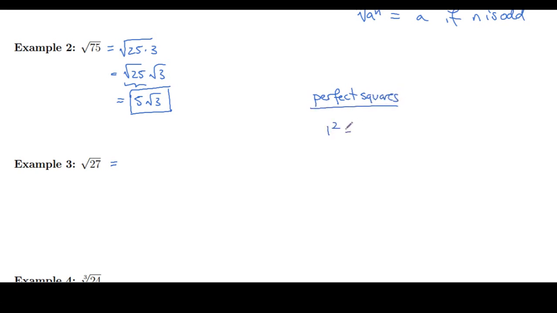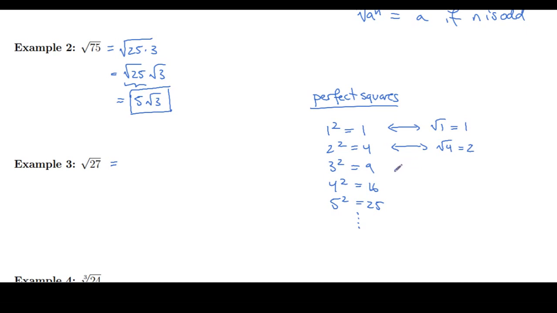Well, 1 squared is 1, 2 squared is 4, 3 squared is 9, 4 squared is 16, 5 squared is 25, and so on. So the square root of 1 is 1, the square root of 4 is 2, the square root of 9 is 3, the square root of 16 is 4, the square root of 25 is 5, and so on.